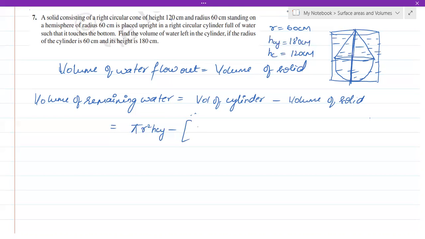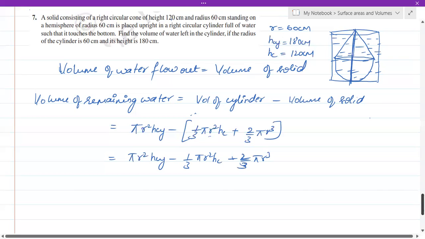Volume of cone is 1 by 3 pi r square HC, plus the volume of the hemisphere, that is 2 by 3 pi r cube. Cone and hemisphere, that's why we are writing inside the bracket. Now, let's remove the bracket. So it becomes pi r square HCy minus 1 by 3 pi r square HC minus 2 by 3 pi r cube. Now, let's try to take common here.